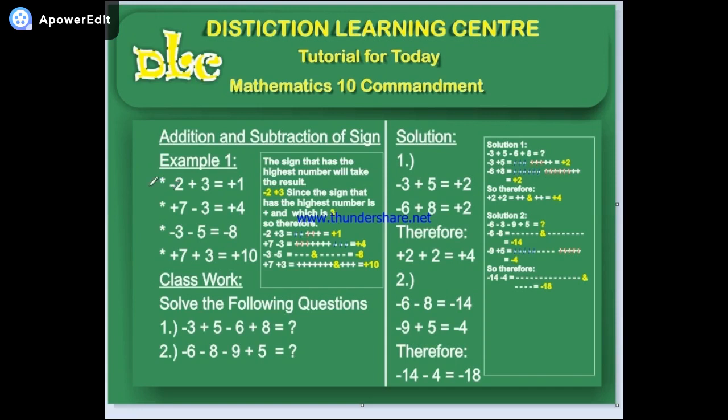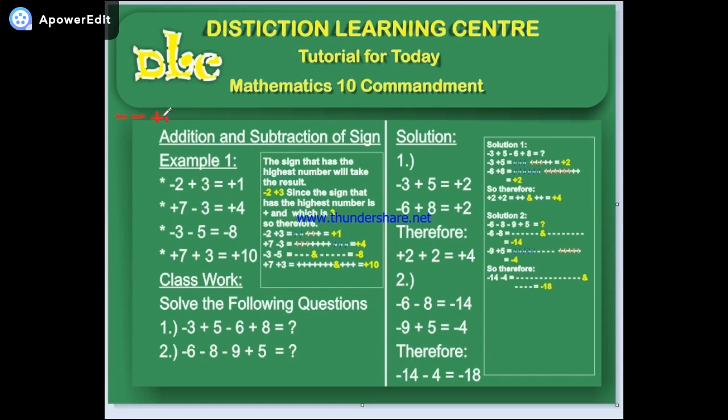How do we arrive at plus 1? Let's look at it. The first one is minus 2. So how many minus are we talking about? We are talking about 2 minus, so you will draw 2 minus. And what again? Plus 3, so you will draw 3 plus.